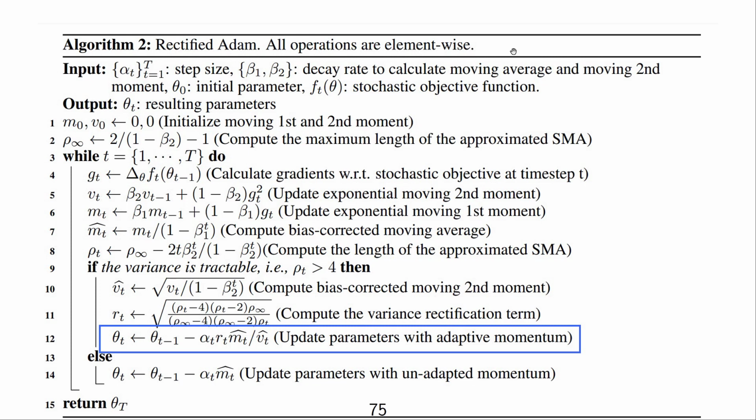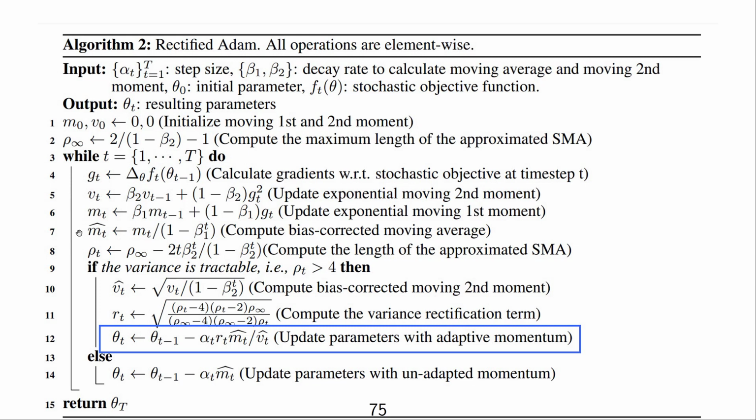So this is the outline of Rectified ADAM, the algorithm where the authors argue you could get even better performance than ADAM with warm-up. Let's identify the major differences to ADAM. We have a gradient update, and then we have the computation of the first and the second moment.